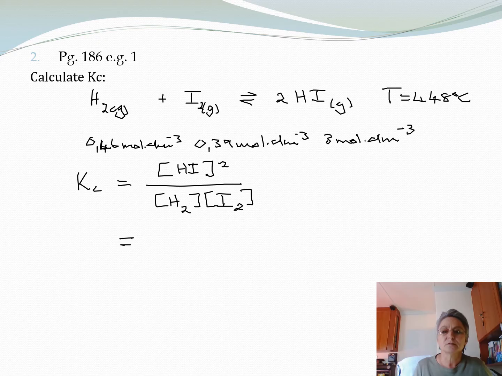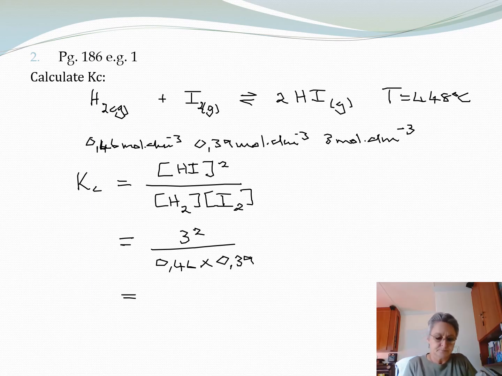So it is 3 squared divided by 0.46 times 0.39, which gives us 9 divided by 0.46 times 0.39, which is 50.167.